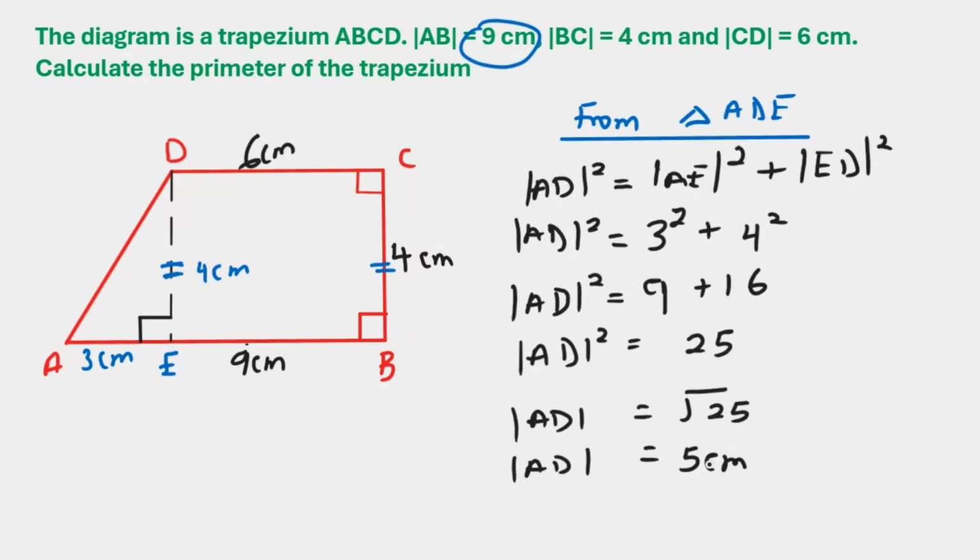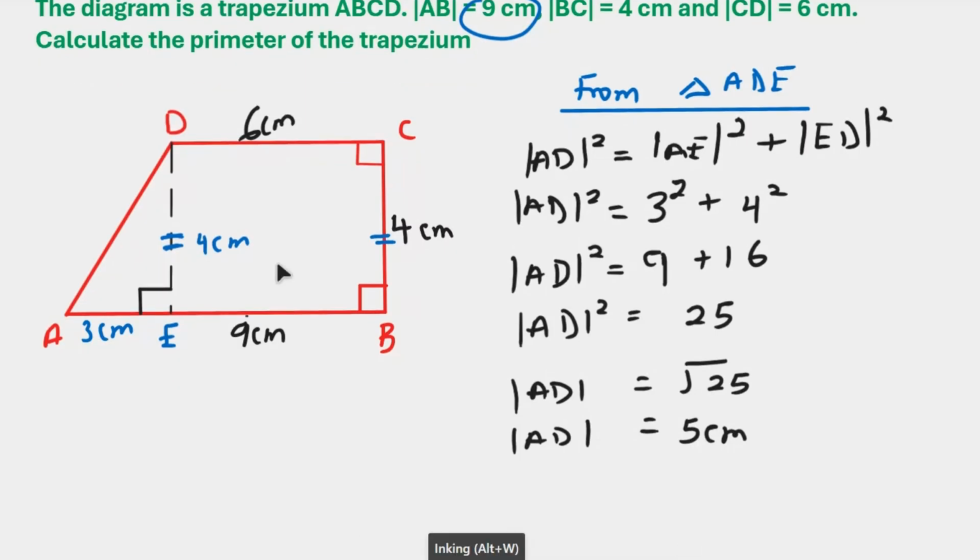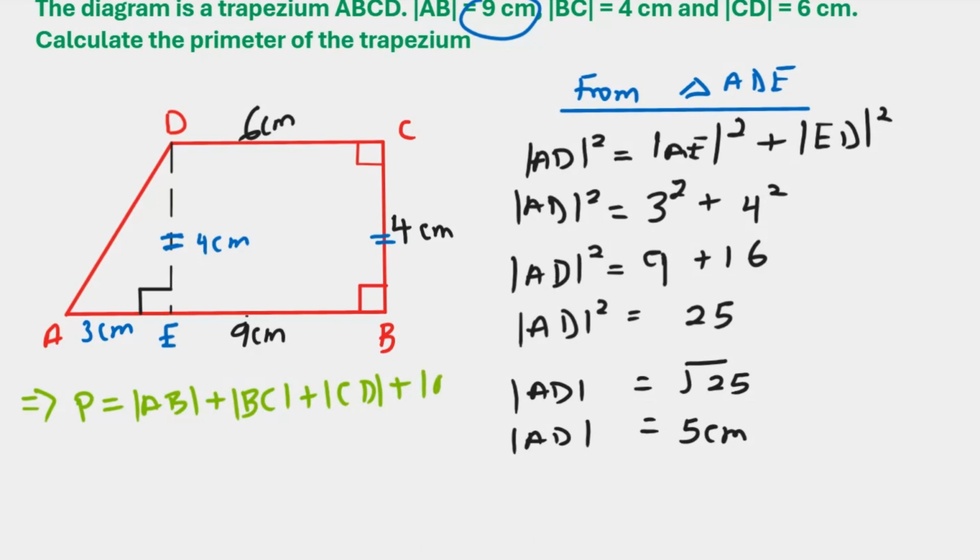So how do we find the perimeter? That is very, very easy. So this implies that the perimeter is equal to AB plus BC plus CD and plus AD or DA. They are all the same.